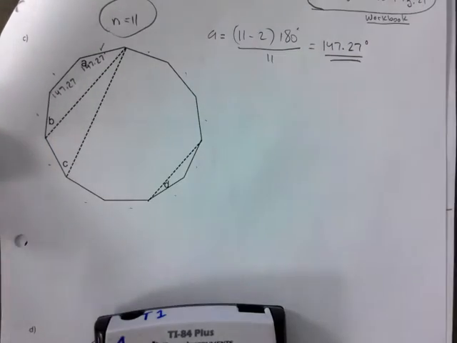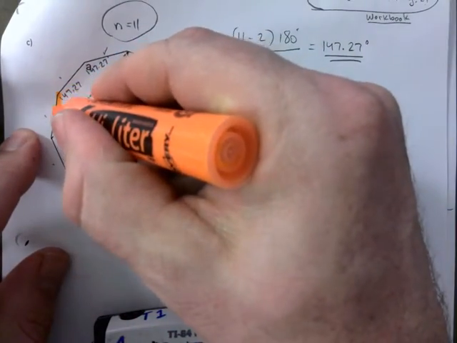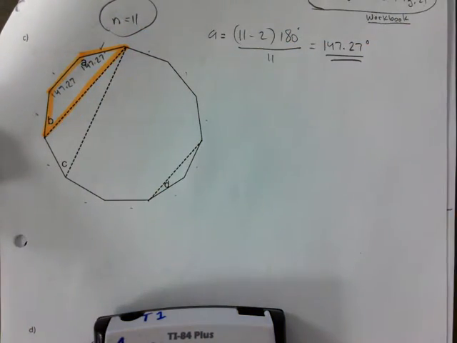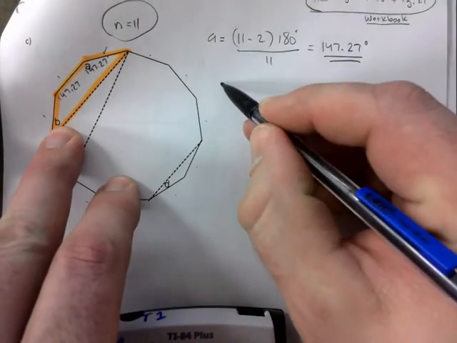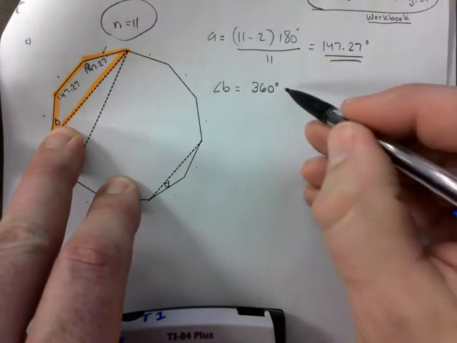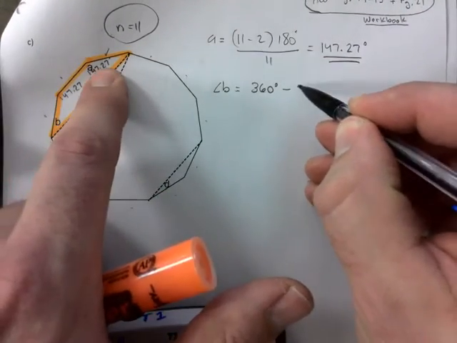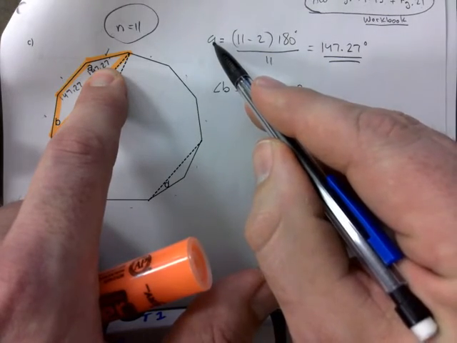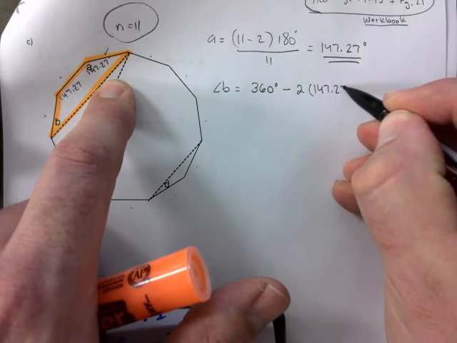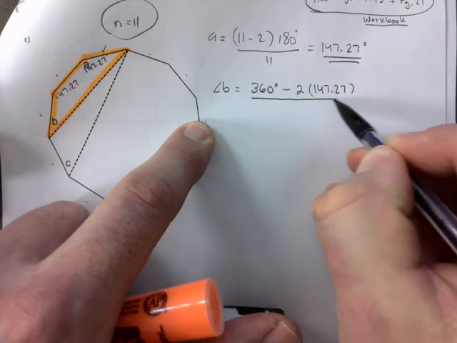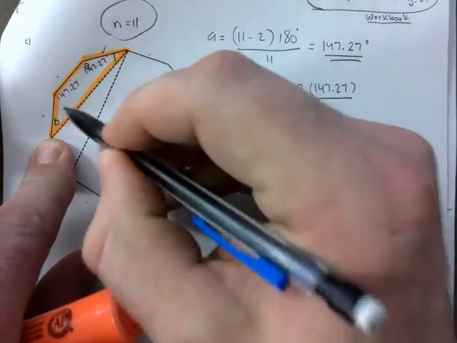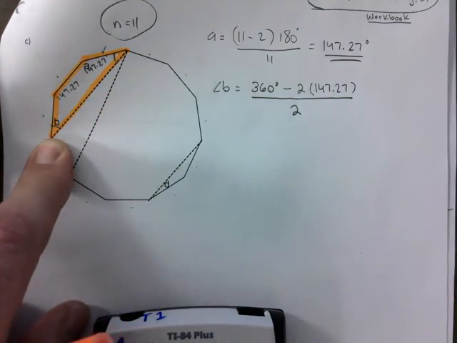So to then work with B, you focus in on this one here. That is a trapezoid. To find angle B, we simply go 360 because it's a four-sided shape, minus two of those, which happens to be called A. Be careful not to think it's always going to be called A. That gets divided by 2 because this angle right here is the same as this angle right there.